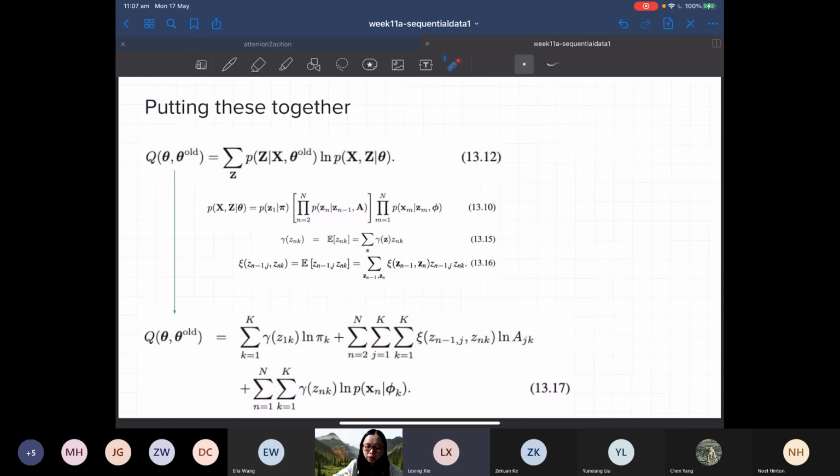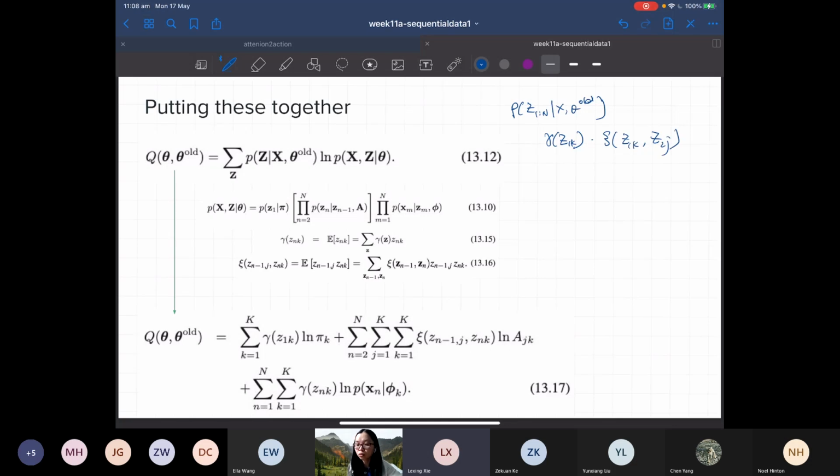So we know that P of Z 1 through n, given x and theta old, would be essentially gamma of Z1k times C of Z1k, Z2j, and so on and so forth, right?